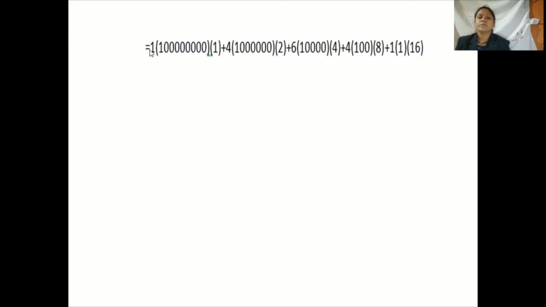So it is equal to 1 into 100000000 into 1 plus 4 into 1000000 into 2 plus 6 into 10,000 into 4 plus 4 into 100 into 8 plus 1 into 1 into 16 is equal to 100000000.